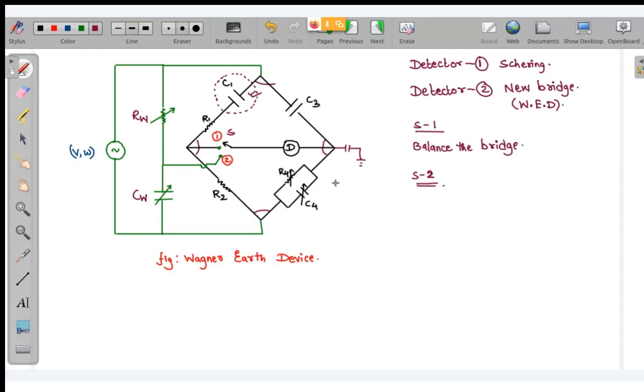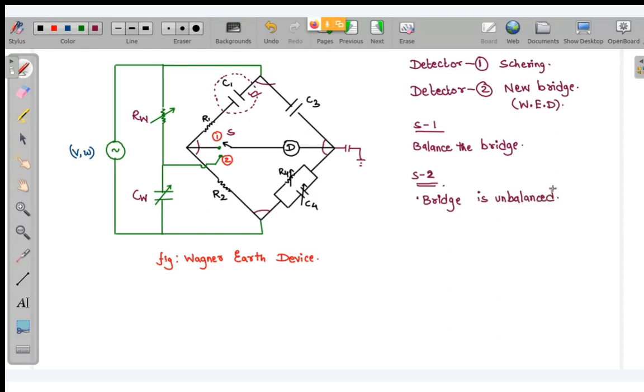The moment we change this switch position to 2, my bridge is unbalanced. Up to this point, is it clear? Yes, sir.